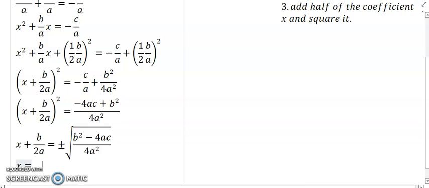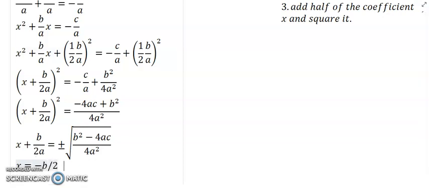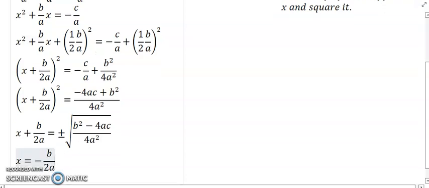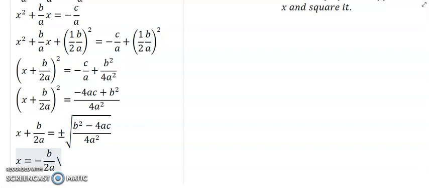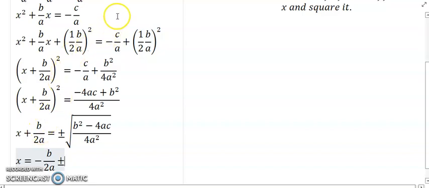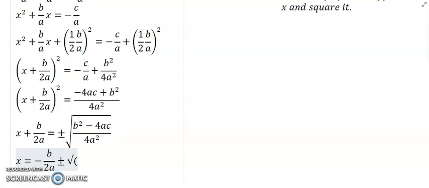Then it will give us negative b over 2a plus or minus the square root of b to the power 2 minus 4ac divided by 2a.